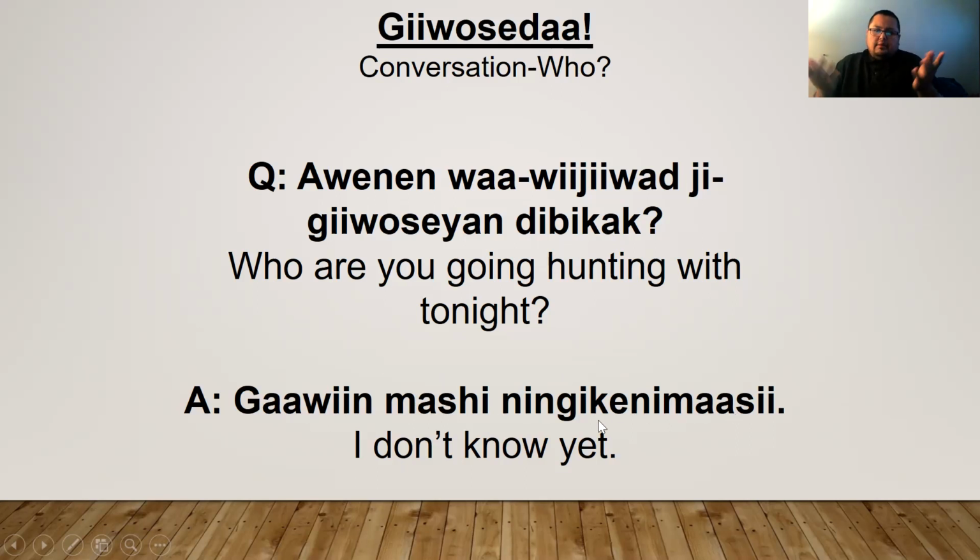I don't know yet. Gawin mashi, not yet. Gawin mashi means not yet. And here's our word right here, gikenim. Gikenim means she or he knows. And then our in or nin means I know. Okay, so it's in a negative form. Negative form, sorry. And so we have our gawin...si pattern here.